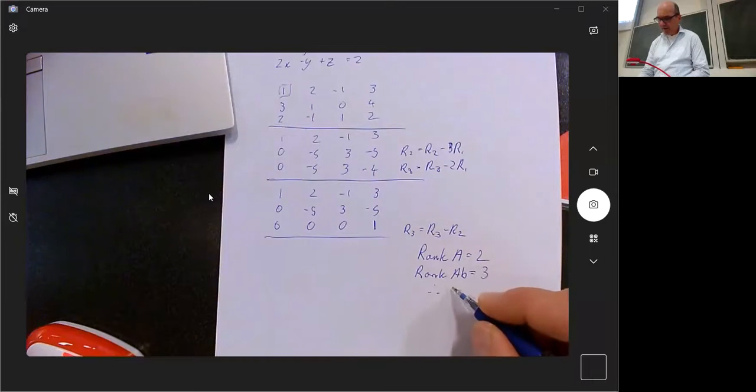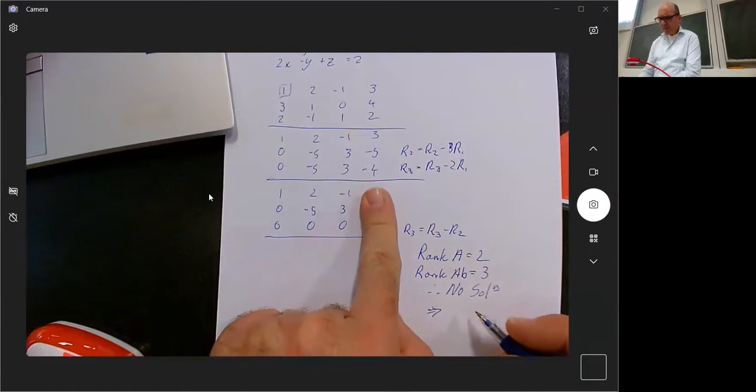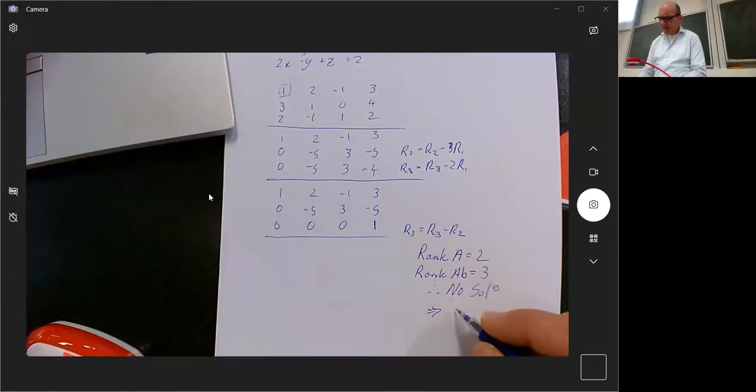That is saying, therefore, no solution. And this also means that A is not invertible.